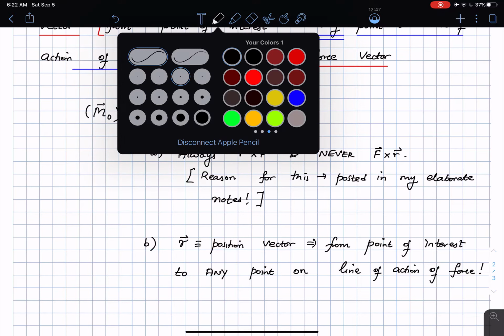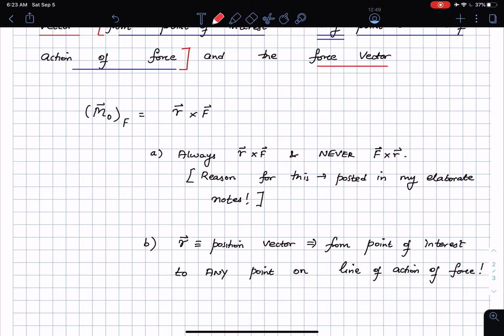The important thing here is that it is always R cross F. Please notice that it's always R cross F and it is never F cross R according to how we are defining things. The reason for this will be posted in my elaborate lecture notes, because this will take a little bit of time to explain here, but it is a fairly straightforward explanation. There is nothing much to derive here. And then the position vector is from the point of interest to any point on the line of action of the force. That is also a pretty powerful thing.